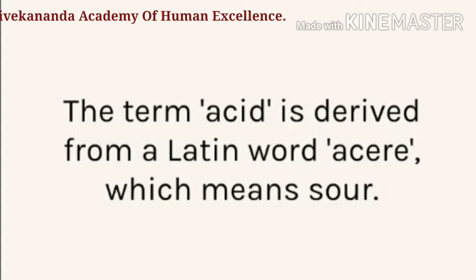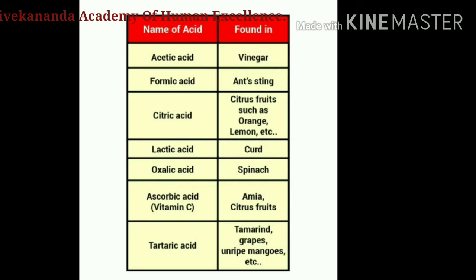See, now we will see the table in which the common acids are found. So just take a look. The table is a list of common acids and where they are found. So in this table you can see the name of the acid and where it is found. Acetic acid is found in vinegar.